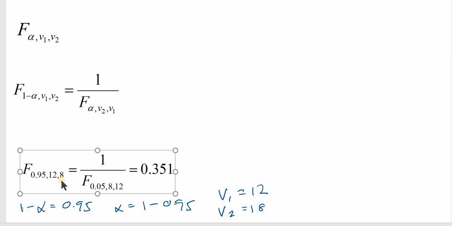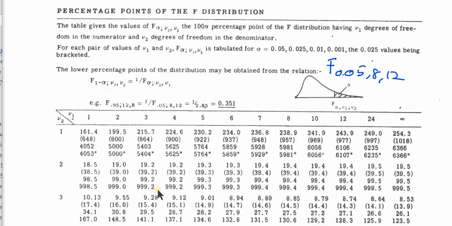Then in the inverse, V1 becomes 8 and V2 becomes 12. So let's refer to the table. We want to find the F value where alpha is 0.05, V1 is 8, and V2 is 12.